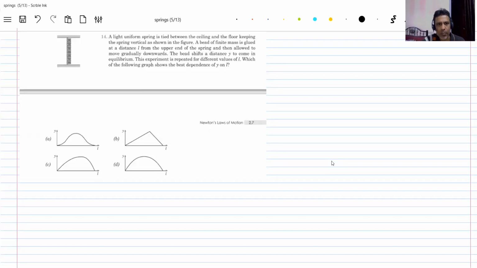A bead of finite mass is glued at a distance L from the upper end of the spring and then allowed to move gradually downward. The bead shifts a distance y to come to equilibrium. The experiment is repeated for different values of L. What is L? At a distance L. Which of the following graphs shows the best dependence of y on L? Just know what you learned, you should apply.